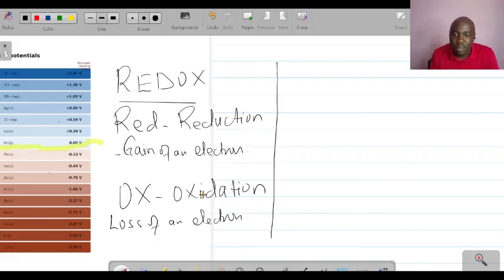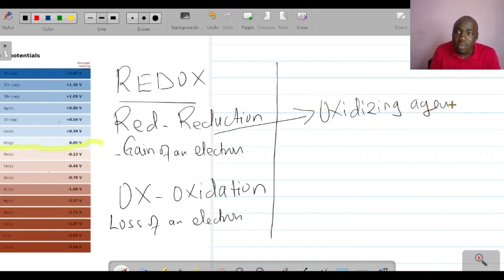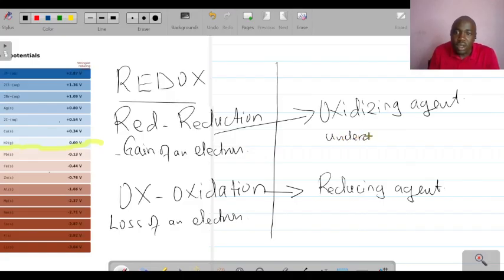So in a simple way, reduction goes with oxidizing agents, then oxidation goes with reducing agents. Because an oxidizing agent easily undergoes reduction, and a reducing agent easily undergoes oxidation.